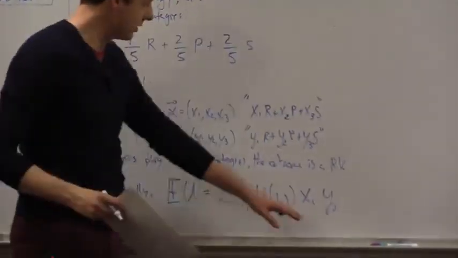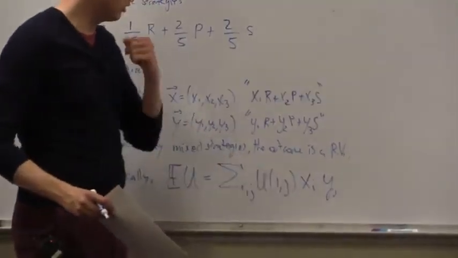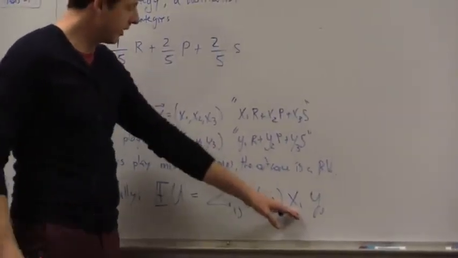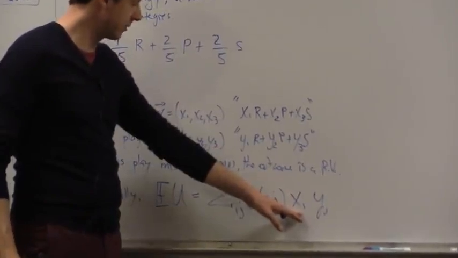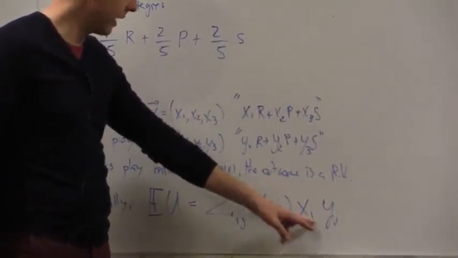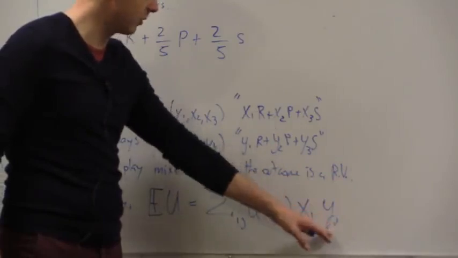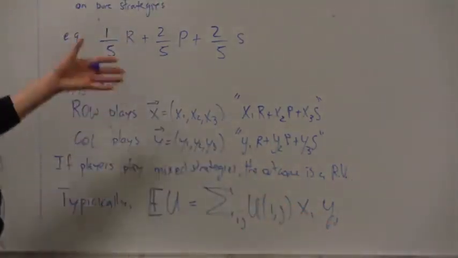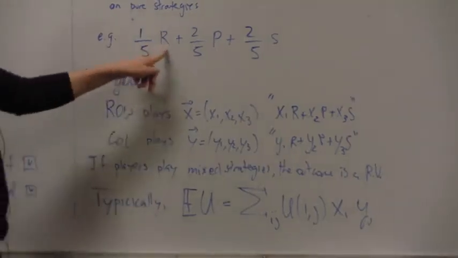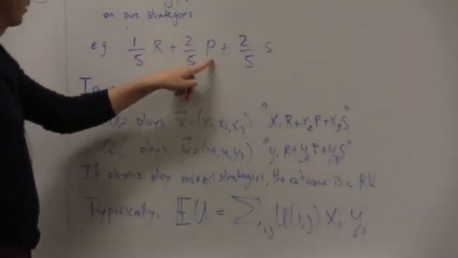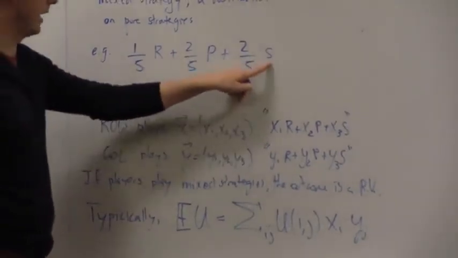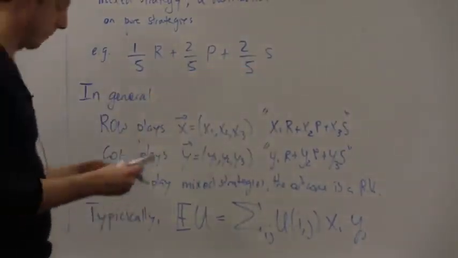Why xi yj? Because this is the probability that when the two players play, the row player plays strategy i with probability xi, and the column player will choose strategy j with probability yj. In this case, rock is i equals 1, paper is i equals 2, and scissors is i equals 3.